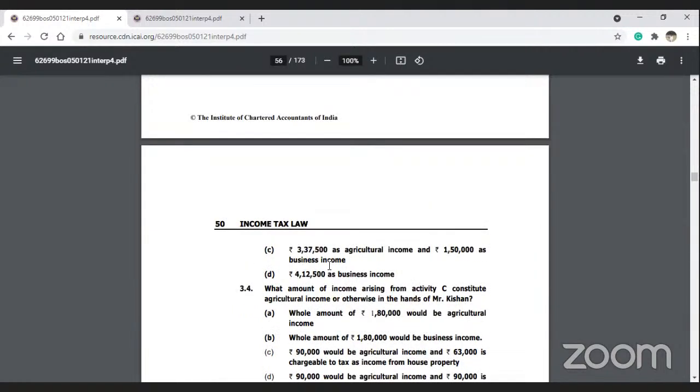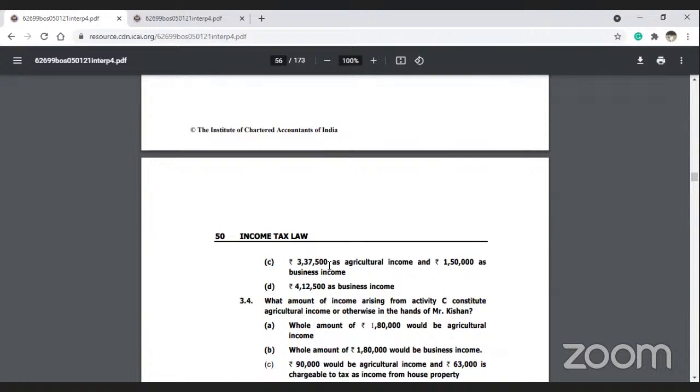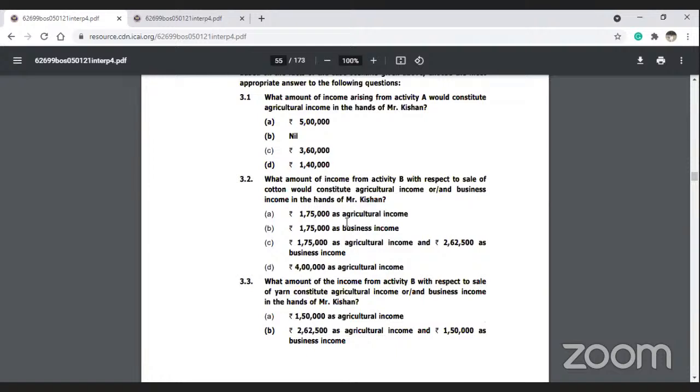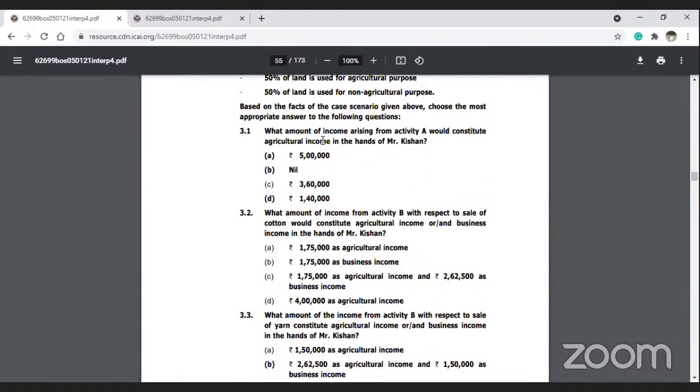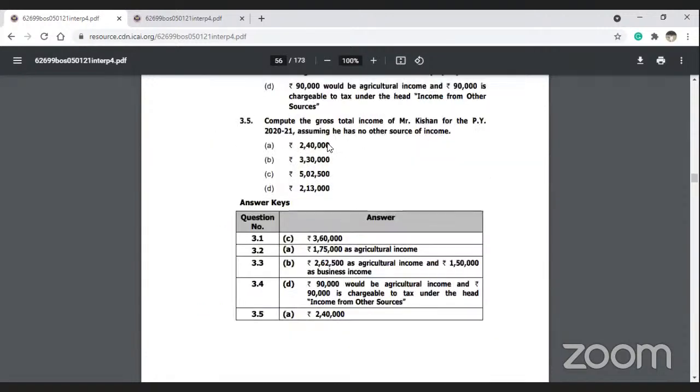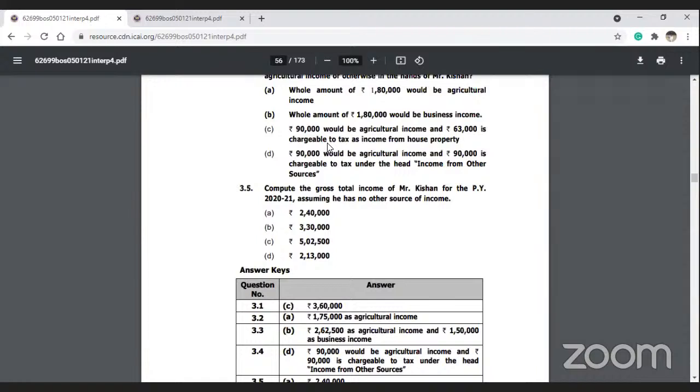That comes to 2,40,000. The agriculture income will not be counted, so it is not included. So option A, 2,40,000. Everyone got it?